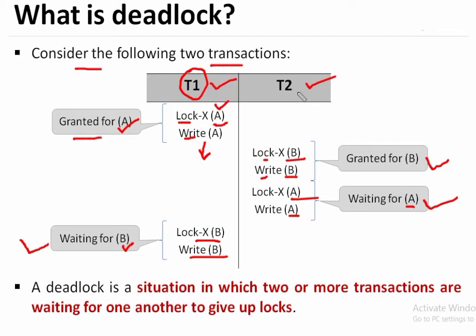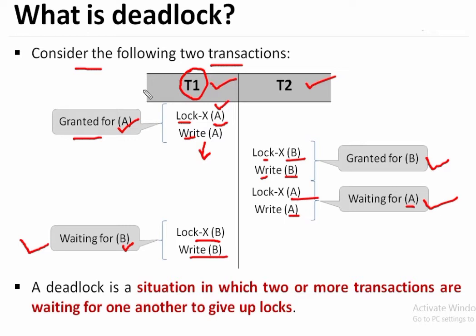So here the circular condition arises, because T1 has already obtained the lock for the data item A and wants the lock on the data item B, and T2 has already acquired the lock on the data item B and wants the lock on data item A that is already locked by the transaction T1.